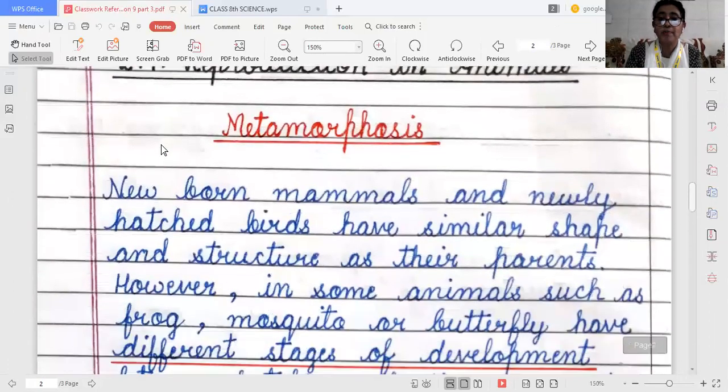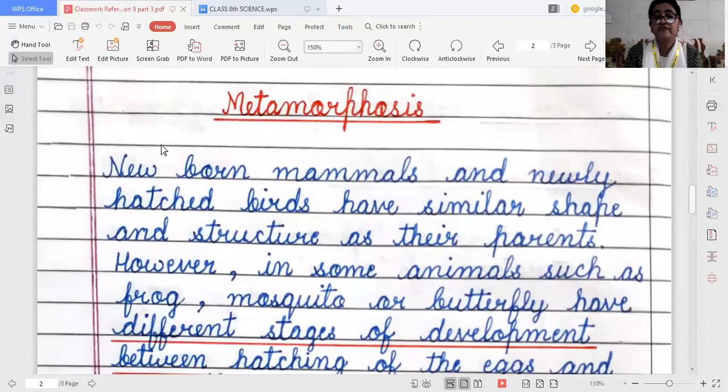Now, our next topic is metamorphosis. As you all know, most newborn mammals, or hatched birds, are identical to their parents. They are similar in shape and size to their parents. But there are a few animals such as the frog, mosquito, and butterfly.